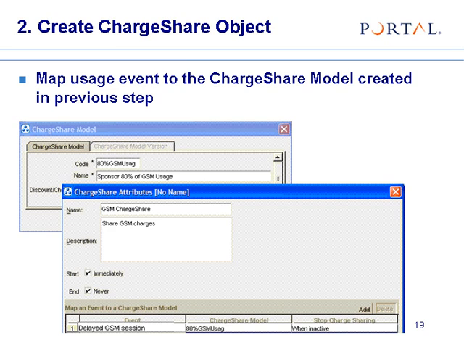So within Pricing Center, I would create a charge share model, and then I would create a charge share, select the charge share model and associate it just with delayed GSM events.